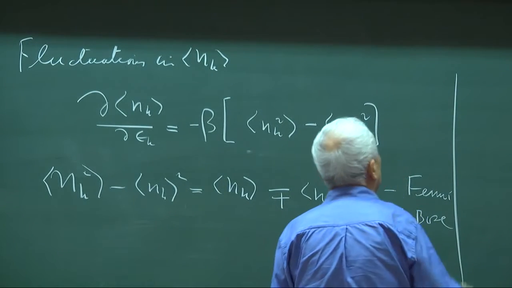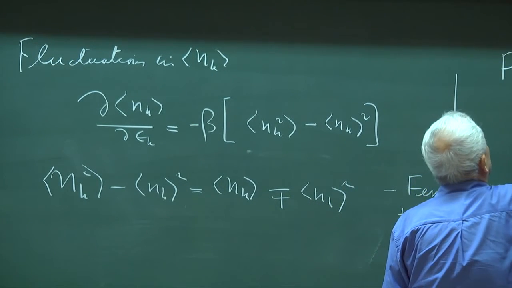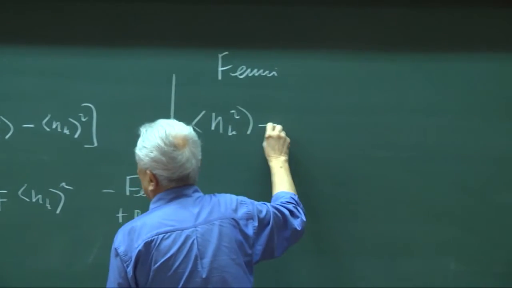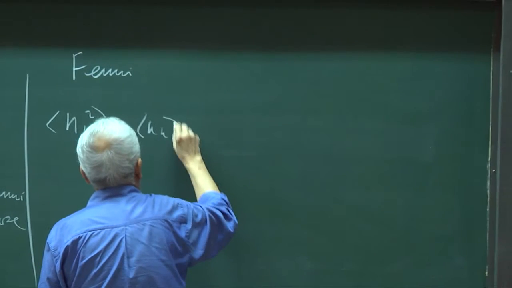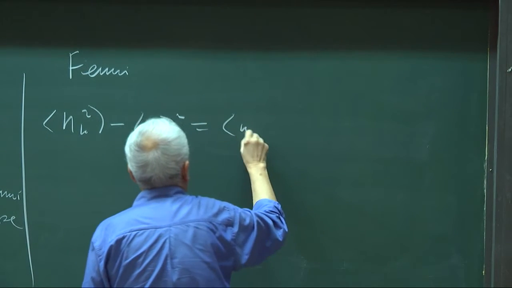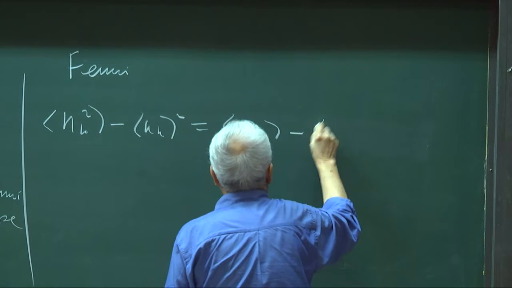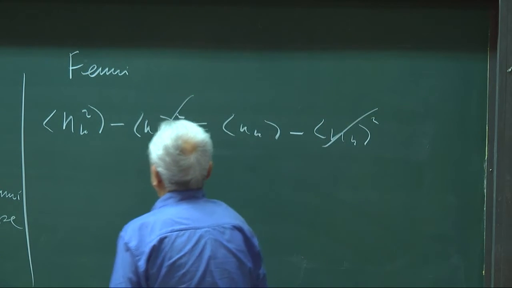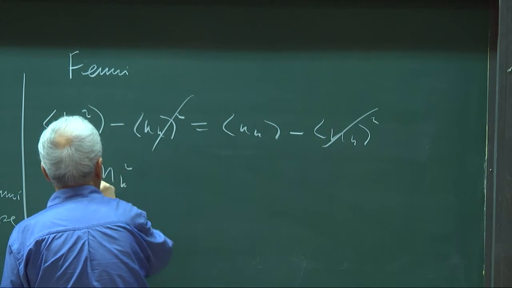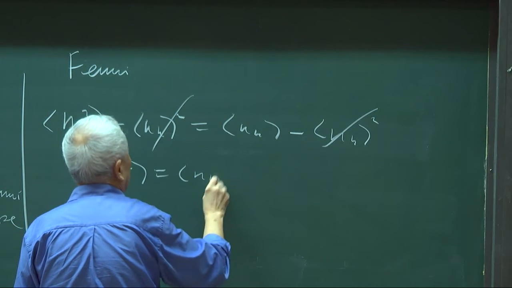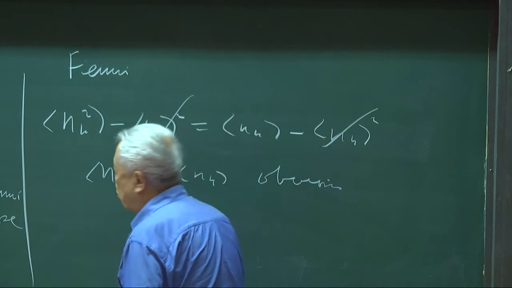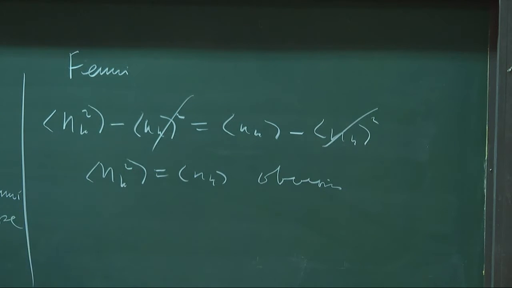Let's look at the two cases separately. In the Fermi case, you get the mean of n_k squared minus the square of the mean of n_k is equal to n_k minus n_k squared. So you just get the mean of n_k squared equal to n_k, which is obvious, because n_k is either 0 or 1, therefore n_k squared is equal to n_k.